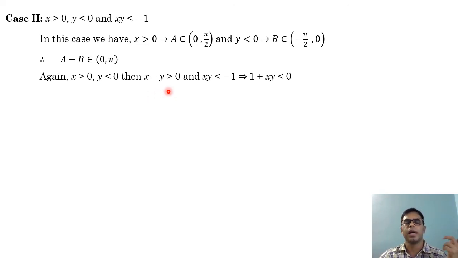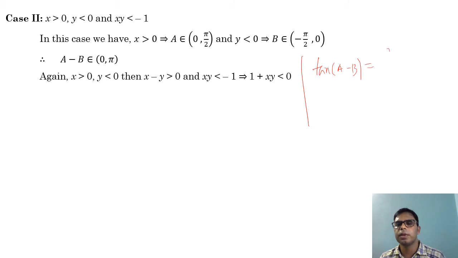So in the formula of tan(a minus b) equal to (x minus y) divided by (1 plus xy), the numerator is positive. Actually the formula was what? In equation number 1, you just see here, what was tan(a minus b)? In the previous screen you can see tan(a minus b) is equal to (x minus y) divided by (1 plus xy). So I am telling about this.